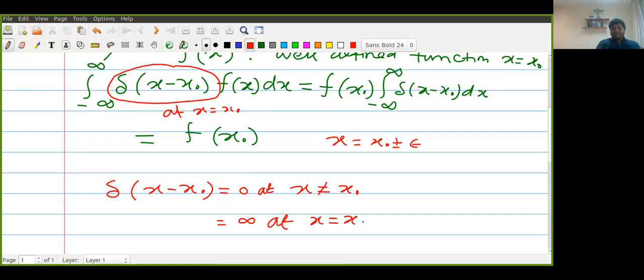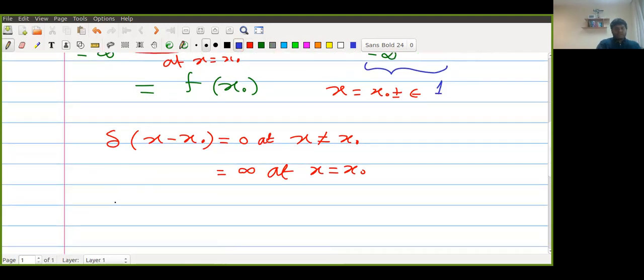Not only that, at this point the integral is basically equal to 1. Okay, so I can define it like this also. Let me take the red color.